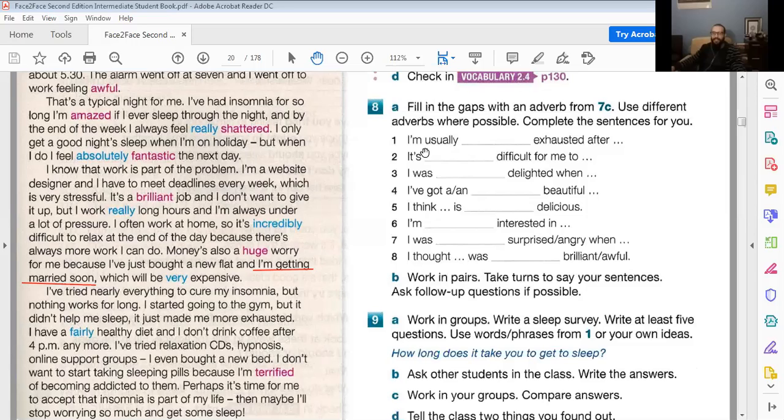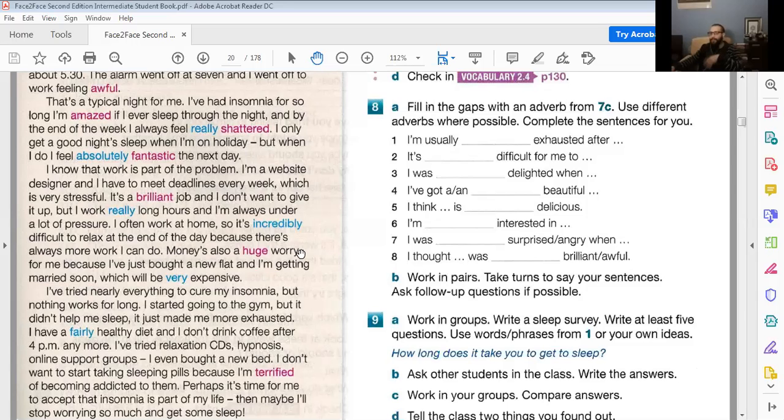No, he mentioned here, I think it's getting worse because he's thinking about getting married soon. Yes, exactly. But I think the main problem is his job. But he likes it. It's a brilliant job, he said. So it can't be the job. Yeah, it has to be the wife. It's not the job.